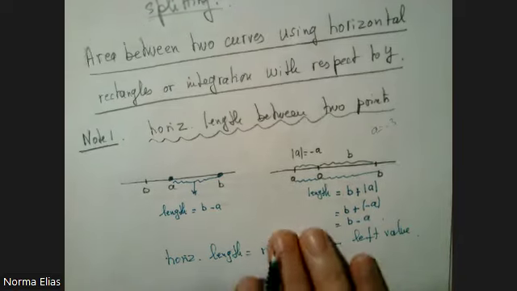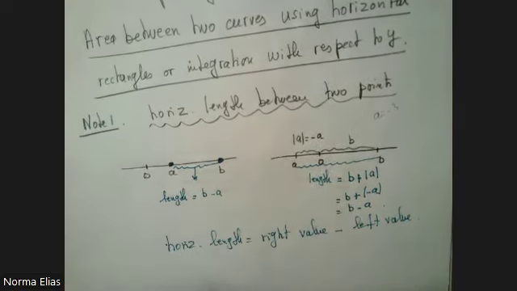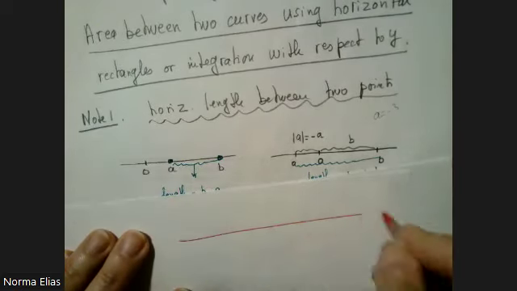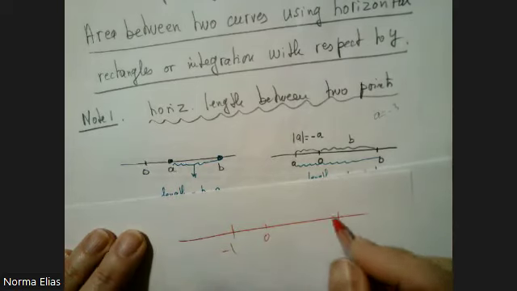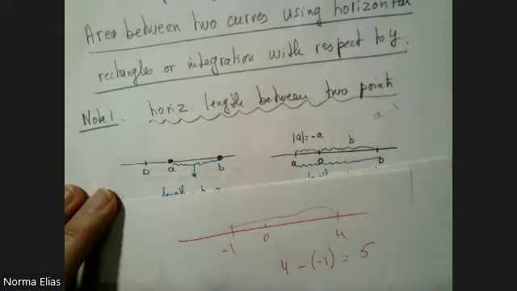For the horizontal length, you take the right value and take away the left value. And this makes sense. If I have any two values, suppose this is -1 and this is 4, the distance from here to here is 4 minus -1, which is equal to 5. That's exactly what I am saying.